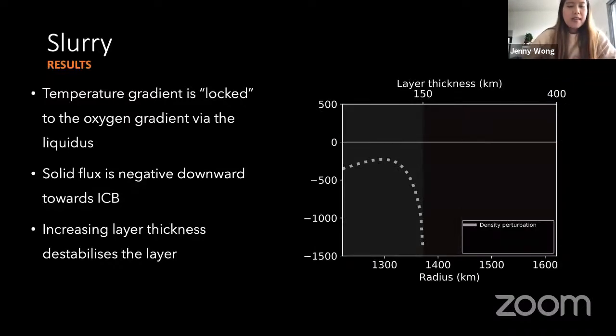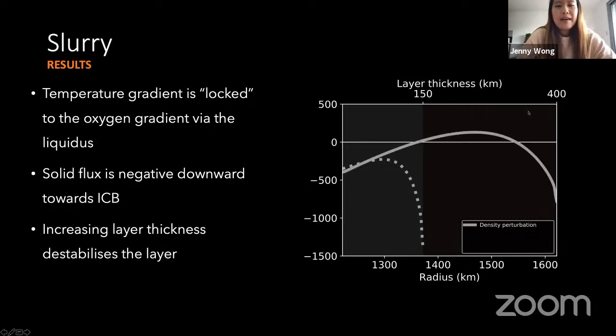Taking a closer look at this, I've separated out the density perturbations. So this is not the total density, it's the perturbation to the reference density, which I've taken to be hydrostatic. For a layer 150 kilometers thick, you can see that I have a stable layer because the density perturbations are negative.